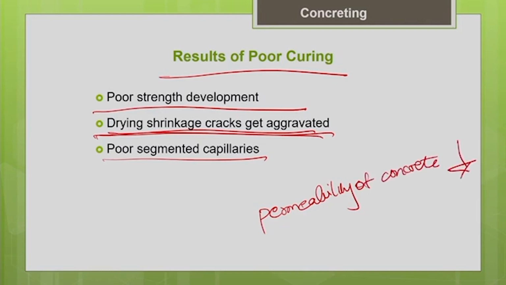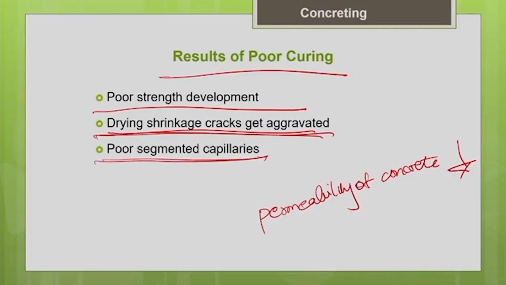The concrete becomes more impermeable because the pores are filled with hydration products. But if you do not do proper curing, most of the capillary pores are not filled with hydration products. It results in poorly segmented capillaries, which increases the permeability of your concrete, and which in turn affects the durability of the concrete.